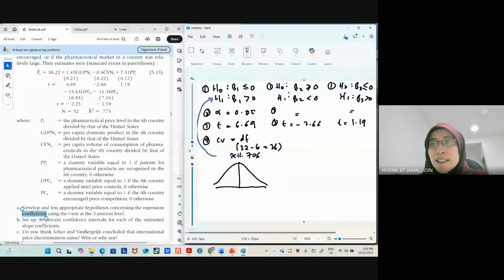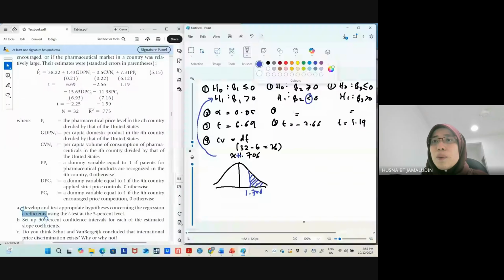If your H1 is less, your CV will become negative. At the moment, your H1 is positive for the first independent variable. So let me draw here. Where is the rejection region here? CV is 1.706. So this is positive, right? So this is your rejection region, 1.706.